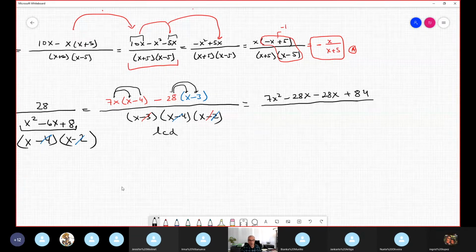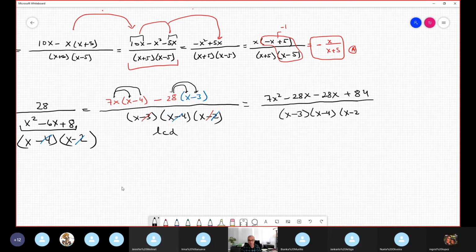It's equal, and the bottom stays the same: x minus 3, x minus 4, and x minus 2.